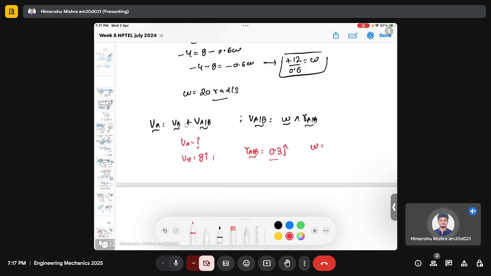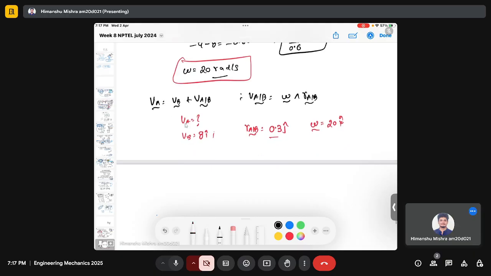And my omega, we already know, it's 20 in the k direction, which we found out. So VA vector is 8i plus 20 in the z direction, cross product with 0.3j.